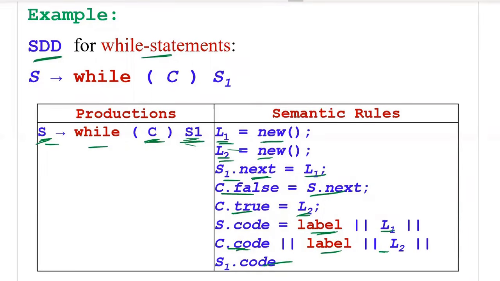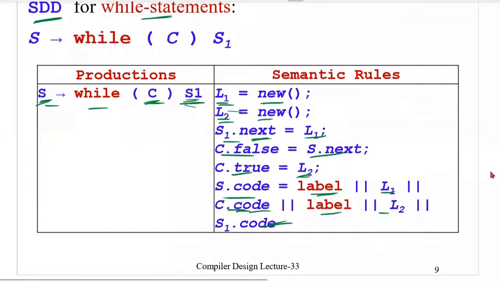So here, except for the new method and the false and true conditions, the remaining S dot code is the same as our inherited attribute semantic rule in SDD.